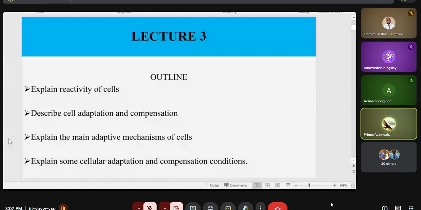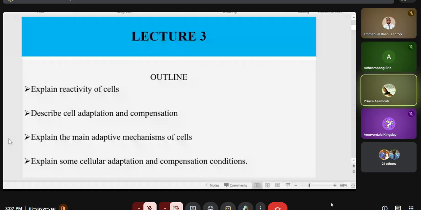And then finally, for today, we should be able to explain these are four areas we are going to look at for today. As I said, they are just four, so in 30 minutes we are done, based on the rate we are able to understand.